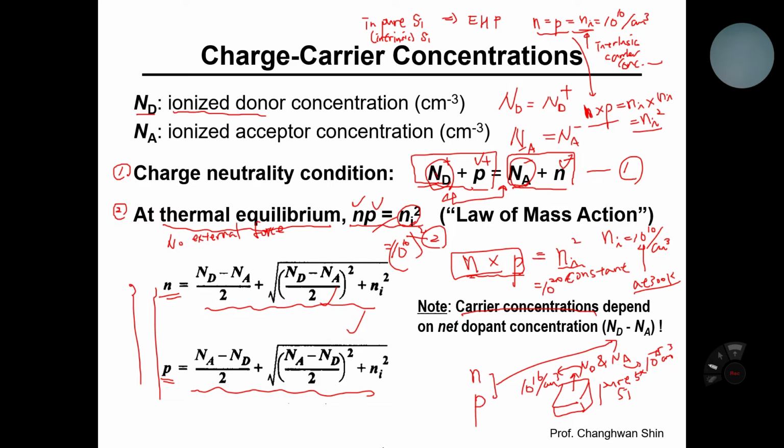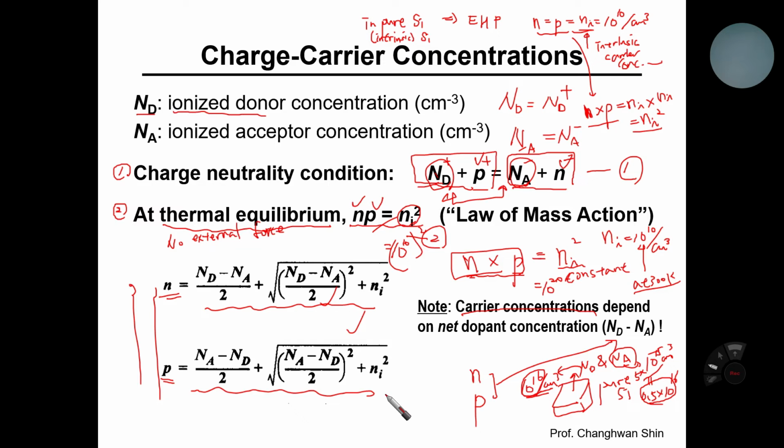Then, you know, the number of donors is 10 to the 16, the number of acceptors is 5 times 10 to the 15, which means 0.5 times 10 to the 16, which means 50% of donors concentration is identical to the acceptors concentration.